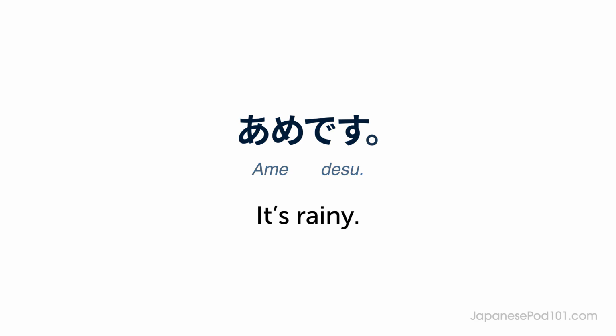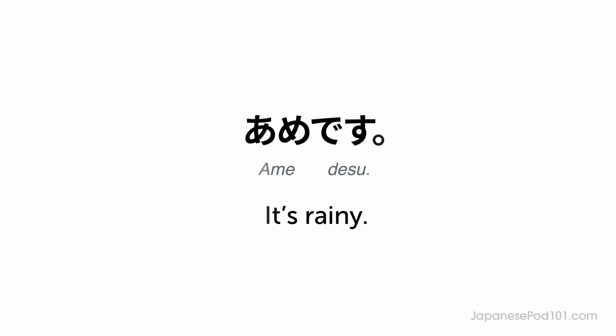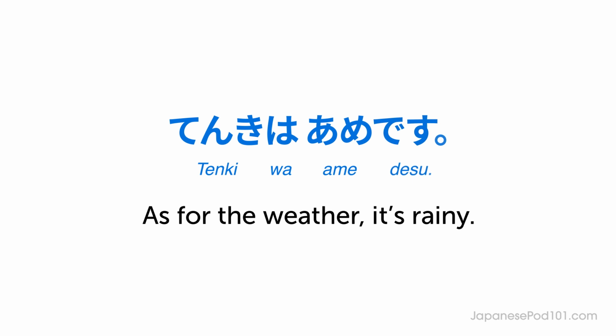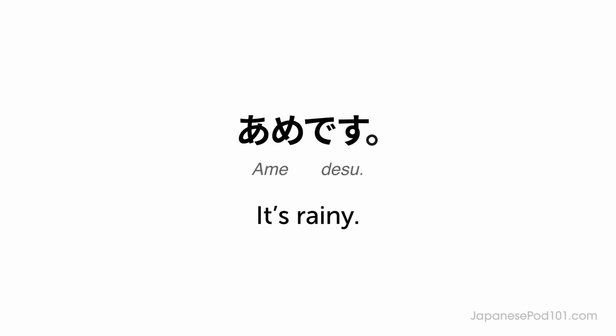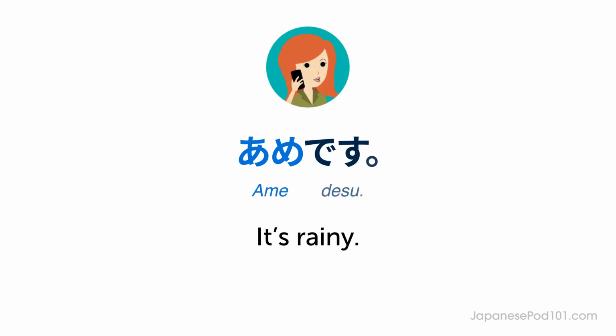This is the shortened version of 天気は雨です, literally, as for the weather, it's rainy. The phrase 天気は, as for the weather, is understood from the context of the conversation, so it is omitted. Altogether, it's 雨です, it's rainy.